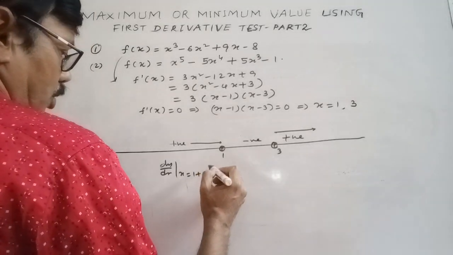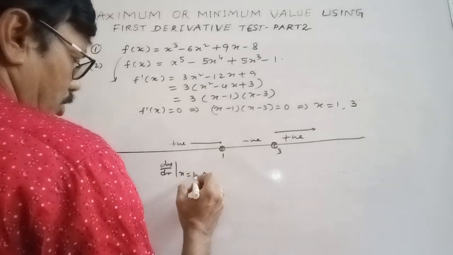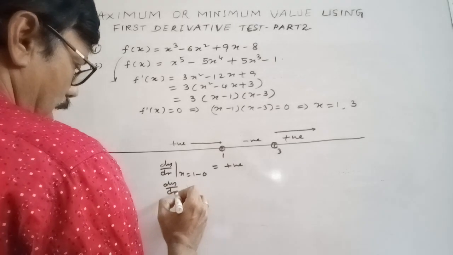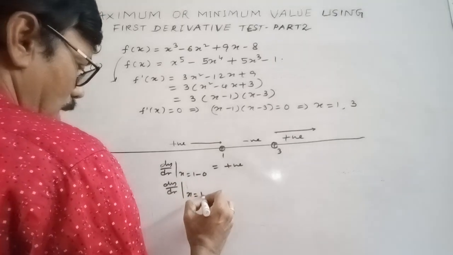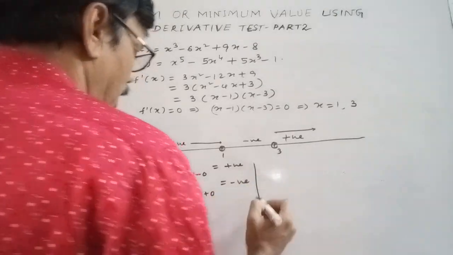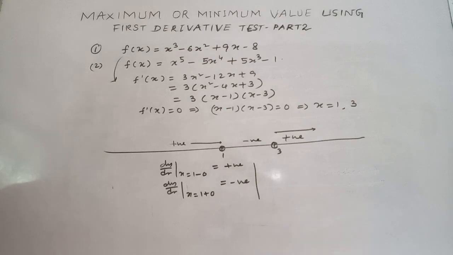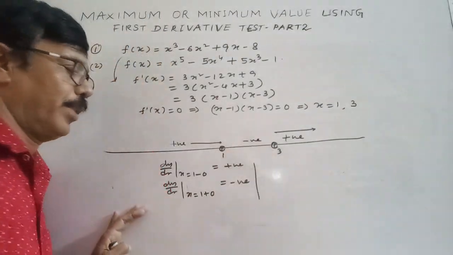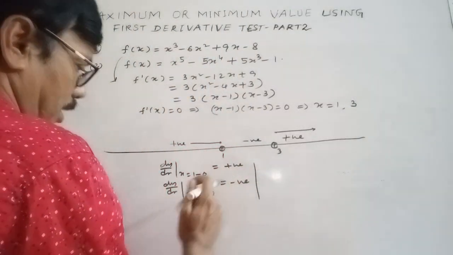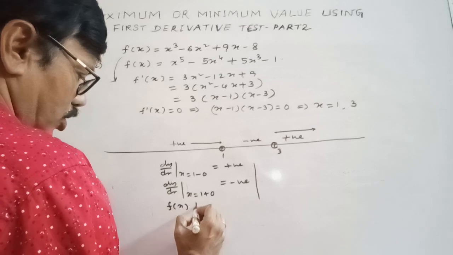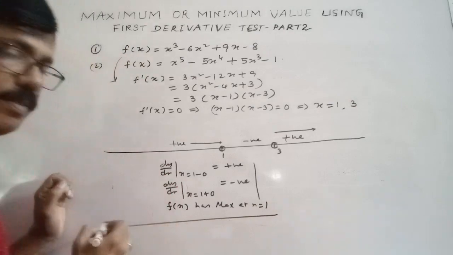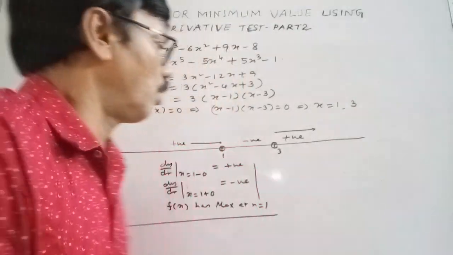Now, dy by dx at x equals 1 minus 0 is positive, and dy by dx at x equals 1 plus 0 is negative. So dy by dx changes its sign from positive to negative, and by the theory, f(x) has a maximum value at x equals 1.